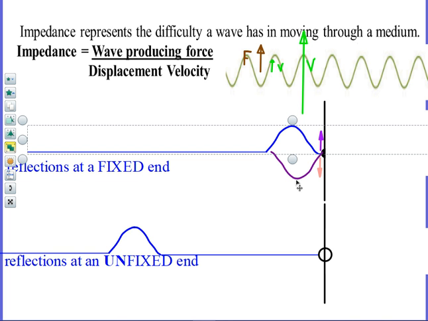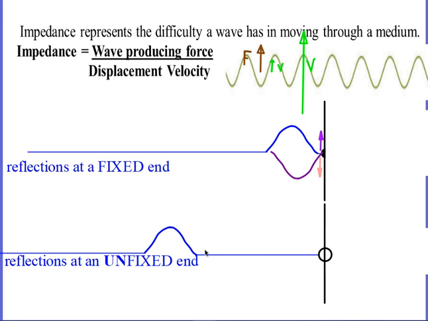However, if you send a wave to an unfixed end, what my picture is instead intending to represent is a hoop that's around a greased pole, so when that displacing energy tries to lift the hoop, it does go up. In this case, you're entering a medium which has no resistance.